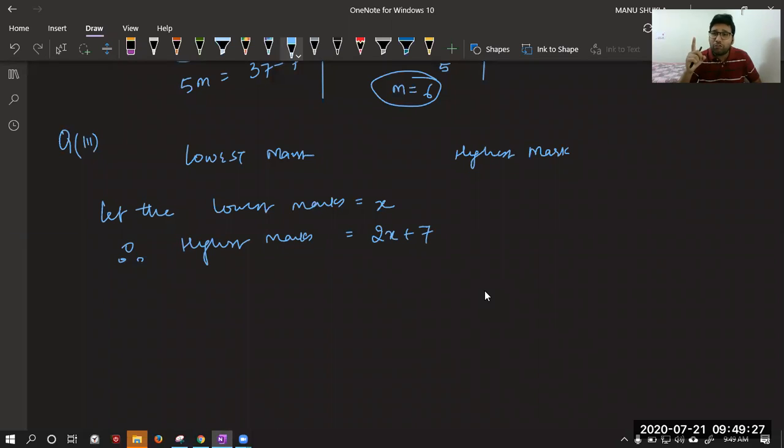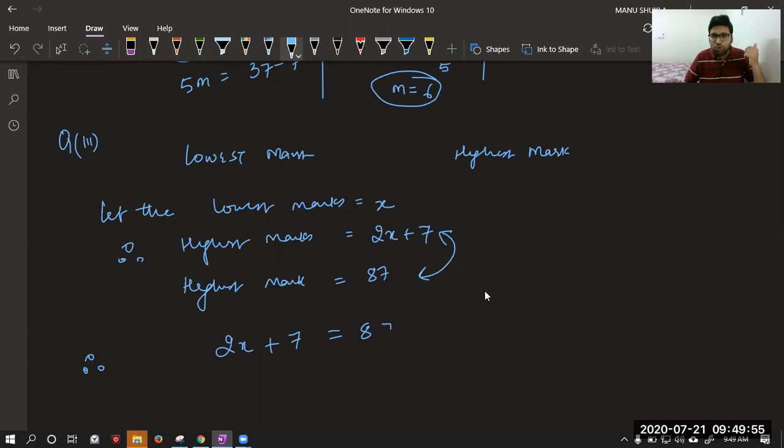To find the value of x, we want an equation. We have got the expressions, but we want an equation. For the equation, we are given that the highest mark is how much? 87. So we have got the equation. We can equate these two and write like this. Therefore 2x plus 7 equal to 87.